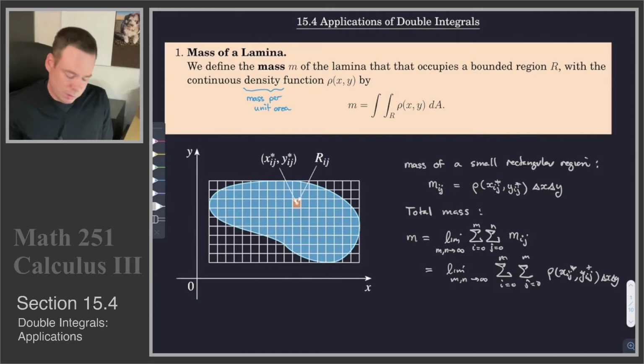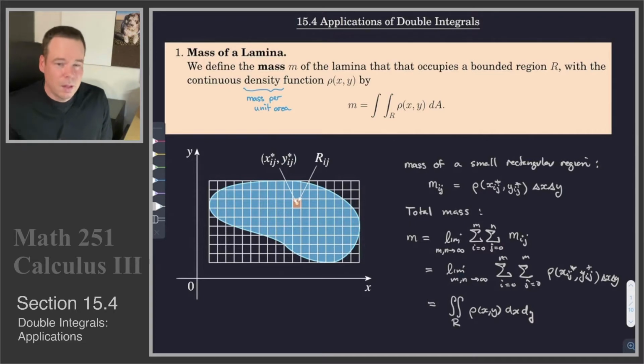And that is precisely our definition of the double integral as a limit of a Riemann sum. So this is precisely the integral over that region R of the density function dx dy. That means if we integrate the density function over the entire region, what we get is the mass, and that's what's stated in the box above.